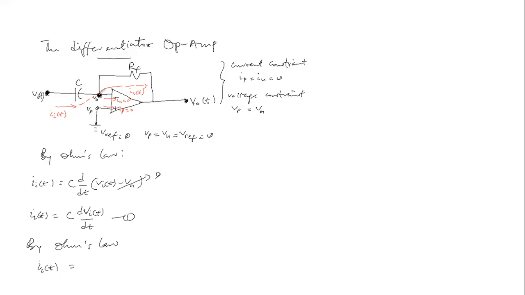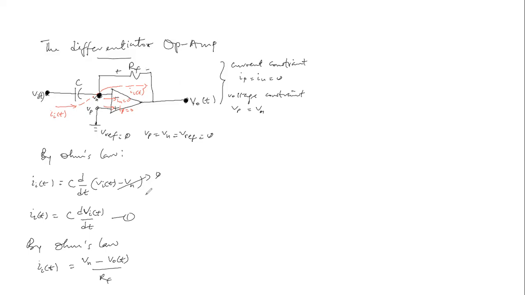The voltage value will be the voltage difference between the 2 nodes, V sub n minus V naught of t, because by passive sign convention, V sub n is positive with respect to this terminal and V naught of t is negative, divided by the feedback resistance.